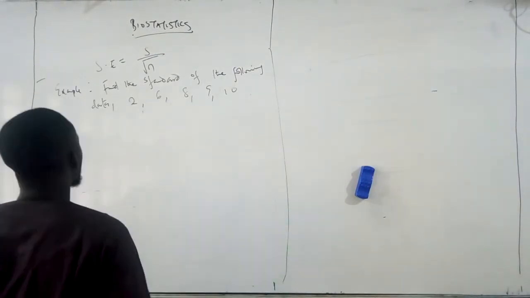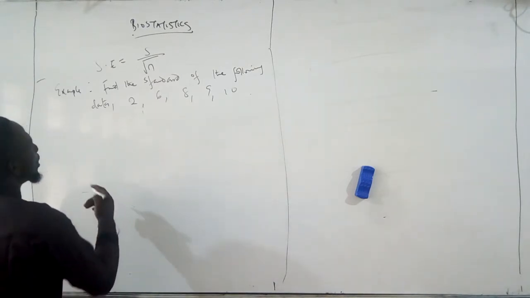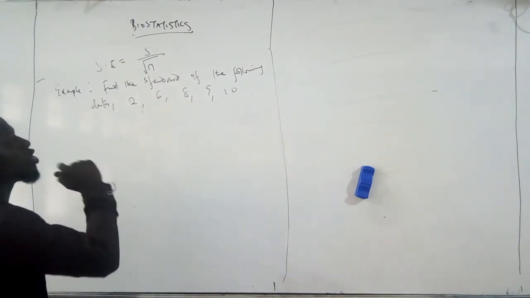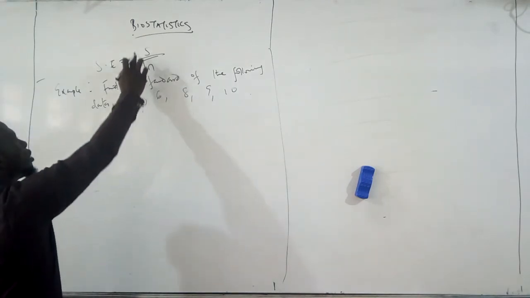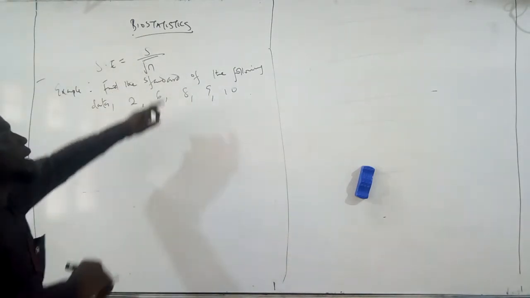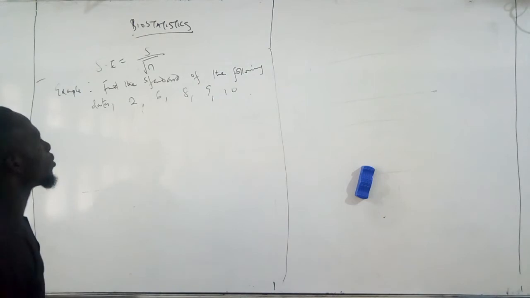So to find the standard error of an ungrouped data like this, we first of all need to get our standard deviation. Then we divide it by the root of the number of observations.